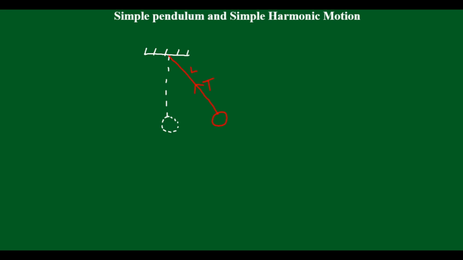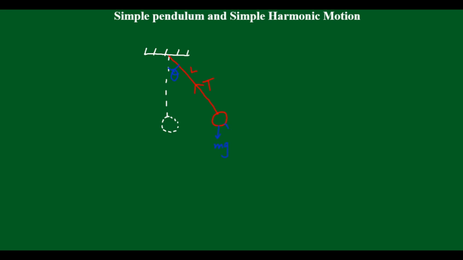So we also have the weight of the bob going downwards. You know, the weight always acts downwards, and our angle theta here means we can resolve this.